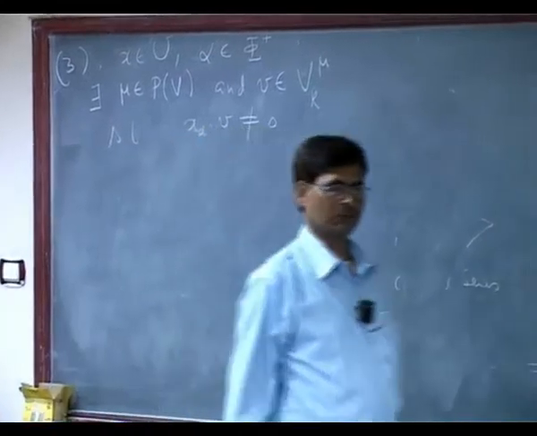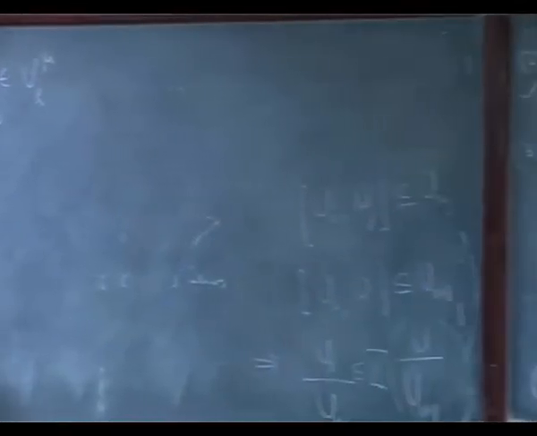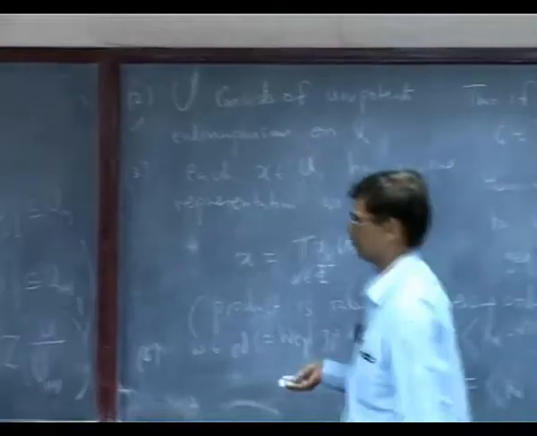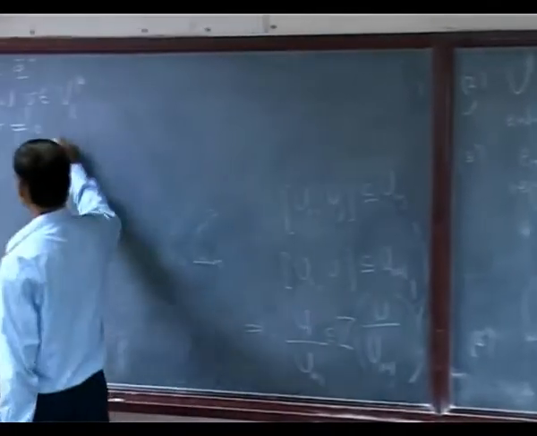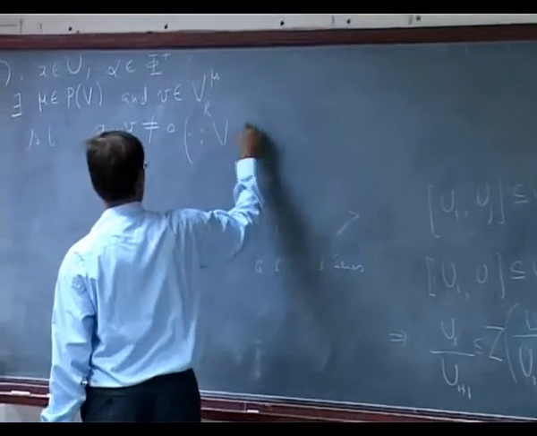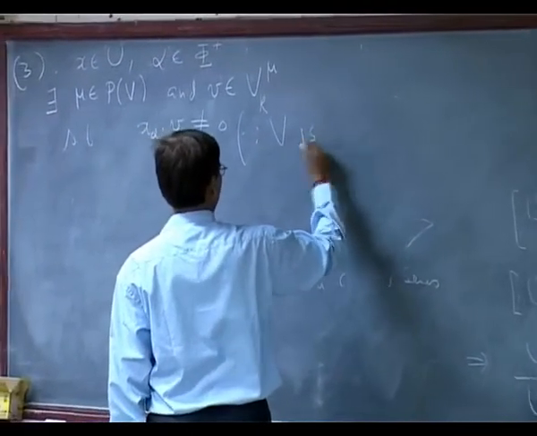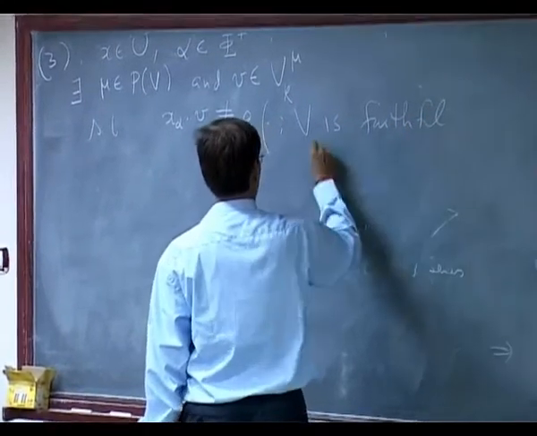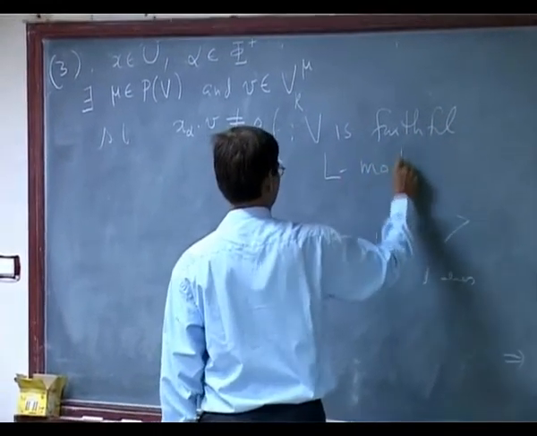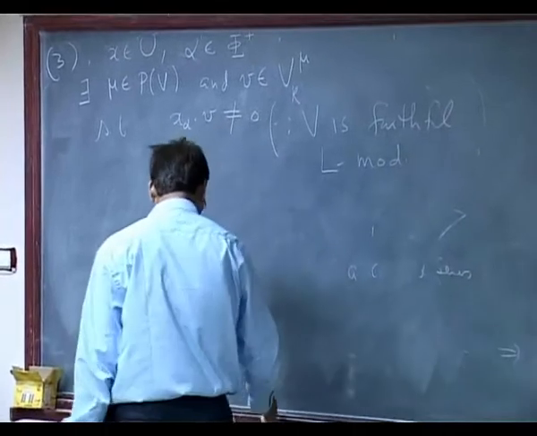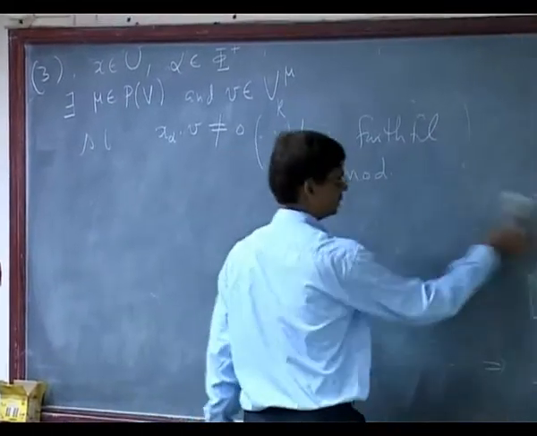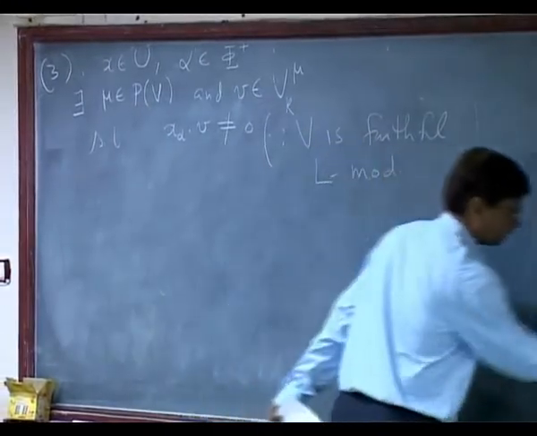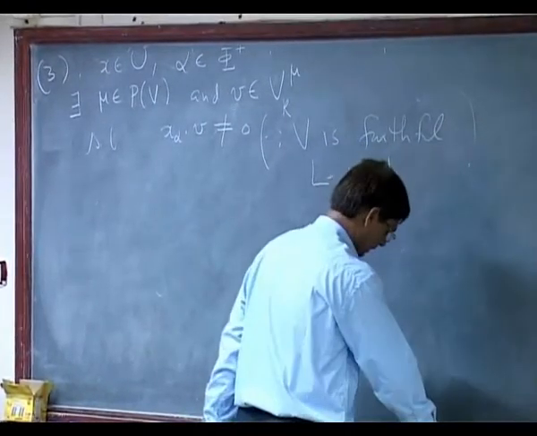Because every positive basis element cannot kill it. Why? Because V is faithful. So, for the Chevalley group, we take a faithful representation. Therefore, certainly you can get it like this.